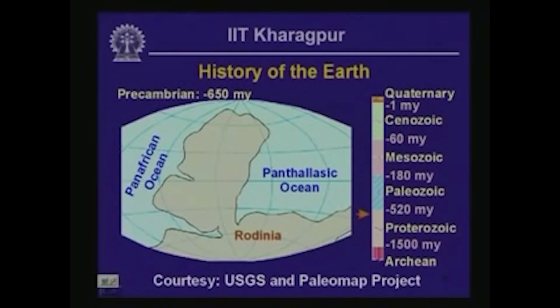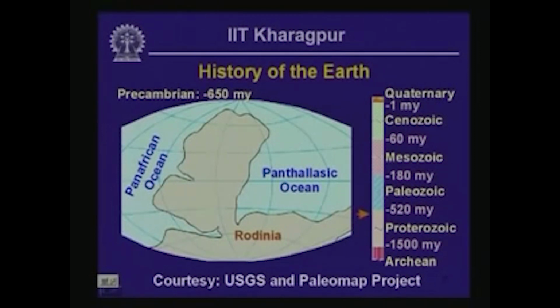And at that age there was a supercontinent called Rodinia, and on the left of this map is the Pan-African Ocean, and on the right is the Panthalassic Ocean.